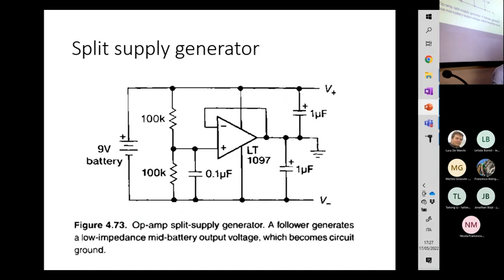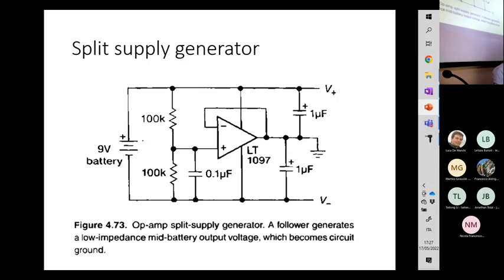This unitary buffer configuration can be used, for example, to generate an intermediate voltage when our power supply is provided by a battery.